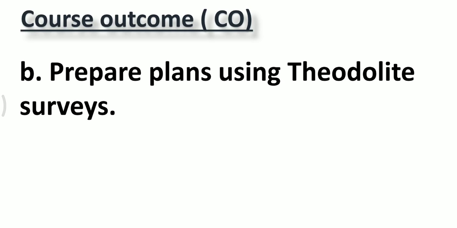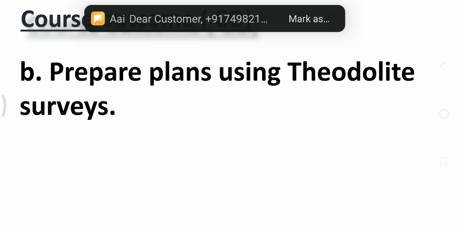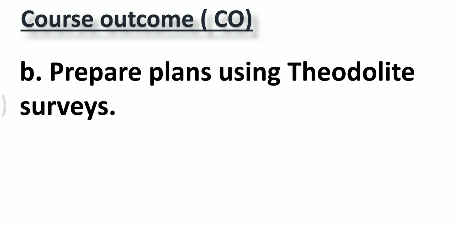That is the course outcome of our unit number 2: prepare a plan using Theodolite survey. In unit number 1, we studied how to prepare a plan using plane table survey. The accuracy of plane table survey becomes less as the area of the survey increases.